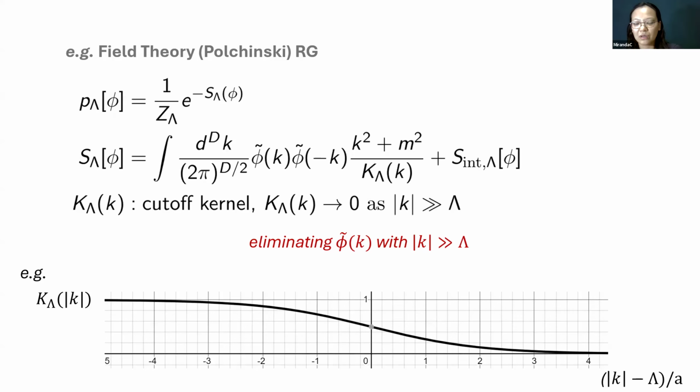I've gone to Fourier space at this point. So this K(k/lambda) is a cutoff kernel, which has to have the property that it's 1 when k is much smaller than the scale lambda, and approaches 0 when k is much larger than lambda. Oftentimes it is chosen to be some kind of sigmoid, where you have a parameter a that tunes how sharp the cutoff is.